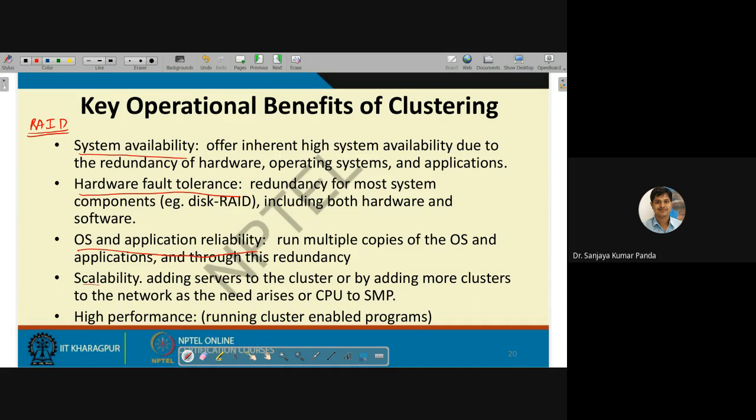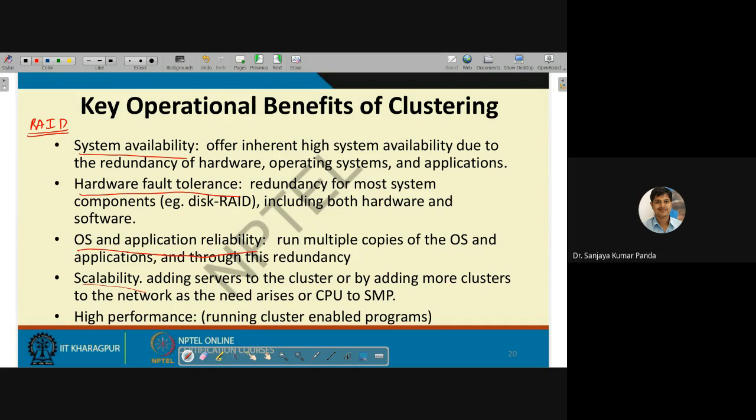Similarly, we are talking about scalability. Scalability is nothing but you can add a server to increase the computational power of a network, or you can reduce a server whenever there is no requirement of that particular server or you do not require the computational power.